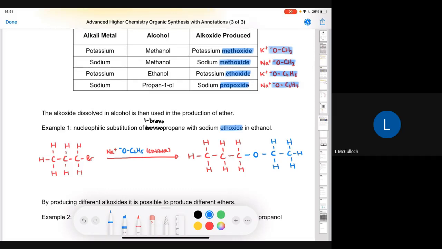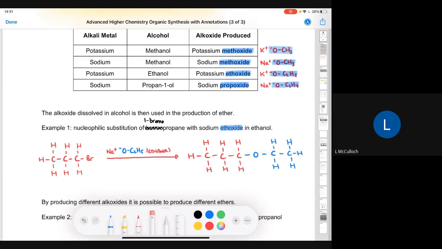So ethers are molecules in which you've got an oxygen atom that has alkyl groups on each side. So you can see on the right hand side we've got a C2H5, and on the left hand side we've got a C3H7. That's what an ether is.